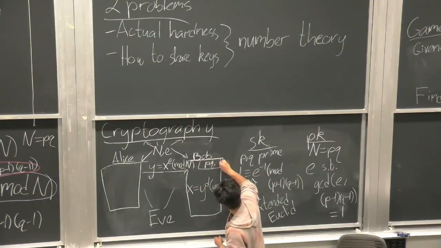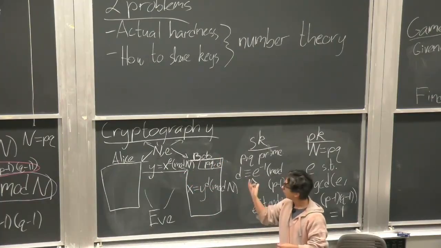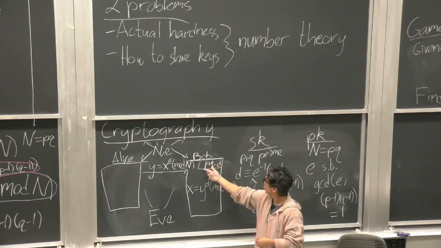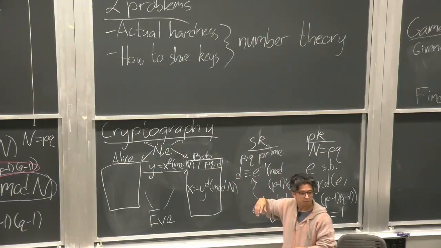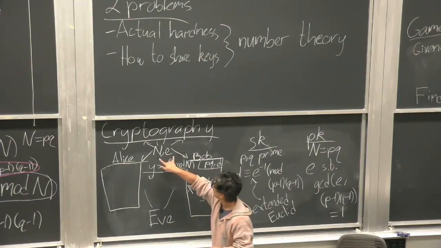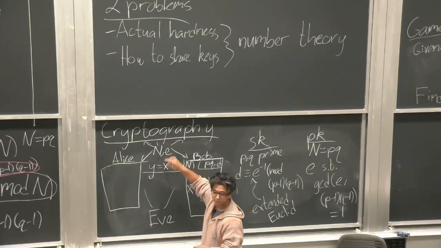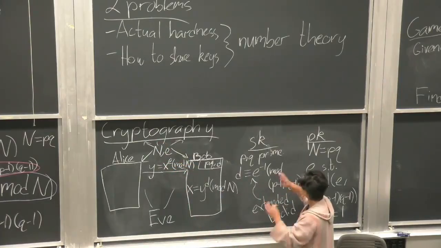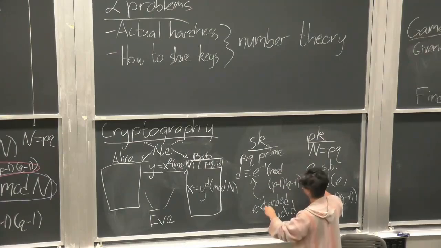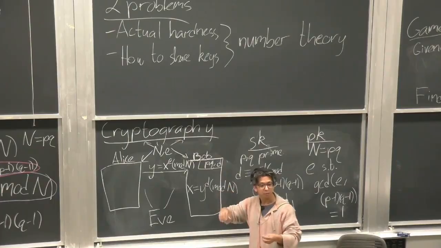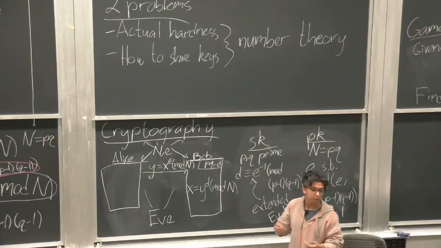Sorry, that should have a D in there as well. So Bob's secret key is P, Q, and D, or it could just be P and Q, and you could always compute D whenever you want. What's in the air is P times Q and E. But no other person should be able to compute what D is on their own. That's what Bob computes himself and puts out into the world.